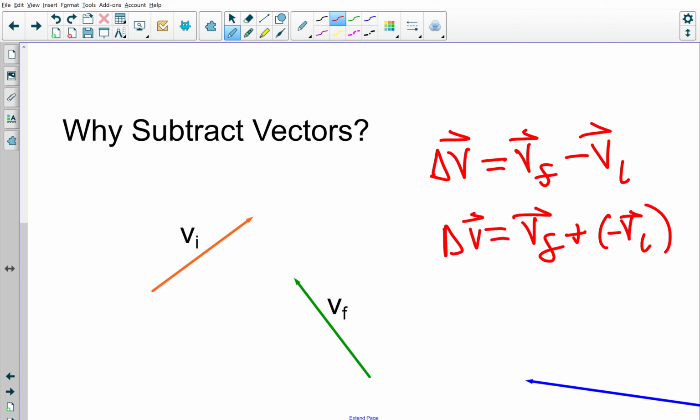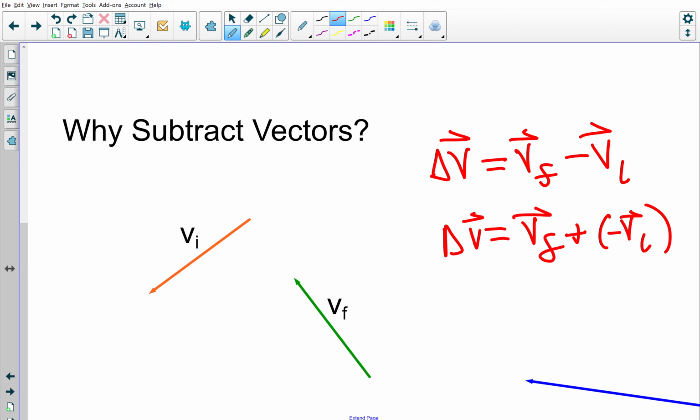So what's the negative of this initial velocity? It's literally the opposite direction. So I have to do two operations here to make it happen. I can flip it left, right, and then flip up, down, and now it's pointing the opposite direction. So now I can do VF plus negative VI.